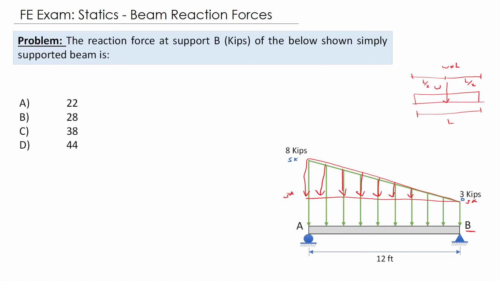So the resultant for the rectangle load is going to act in here. It will be 3 multiplied by 12. This is 36. And the distance is 6 foot in here and 6 foot in here.